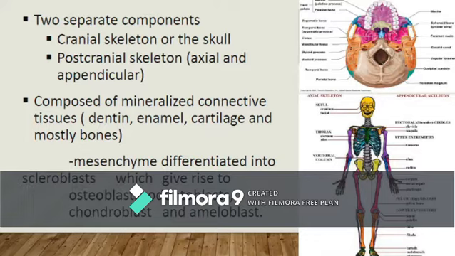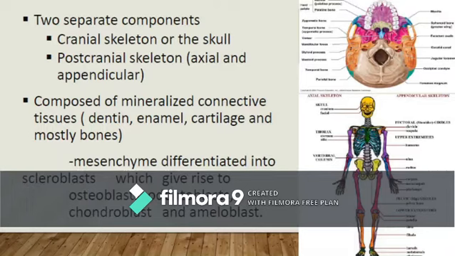So we have two separate components of the skeletal system. We have the cranial skeleton, represented by the skull. And we have the postcranial skeleton, which includes the axial and appendicular skeleton. The axial skeleton includes the notochord and the vertebral column, the ribs, and the sternum.